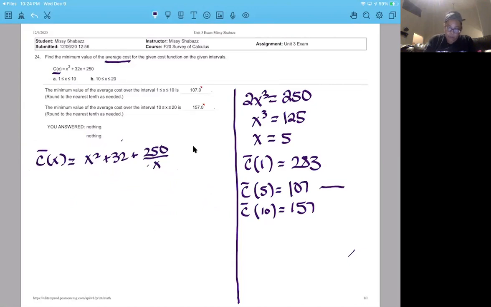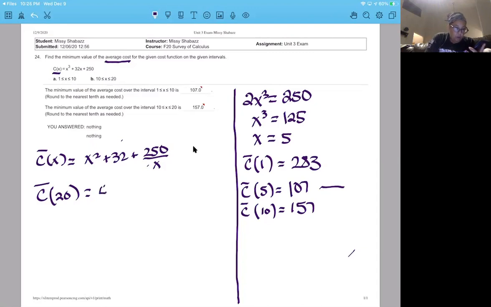All right, so we already found C of 10, so let's go ahead and find C of 20, the average cost of 20. So 20 squared plus 32 plus 250 divided by 20.